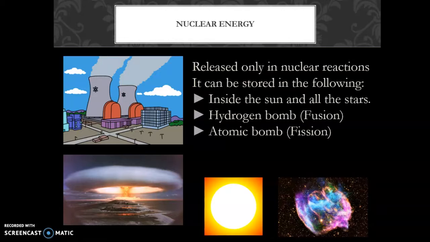So nuclear reactions are where you've got fission or fusion occurring. So places that occurs are in the sun and in all stars for that matter, inside certain types of nuclear bombs, well, all types of nuclear bombs, but not standard bombs, and also inside nuclear power plants.